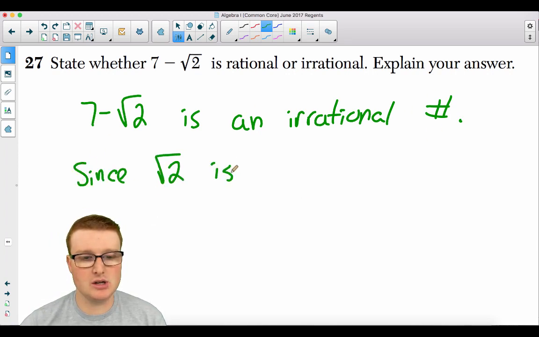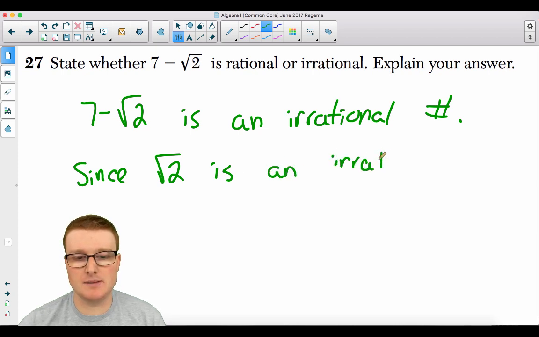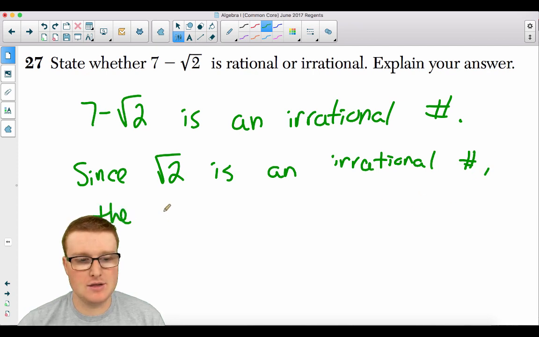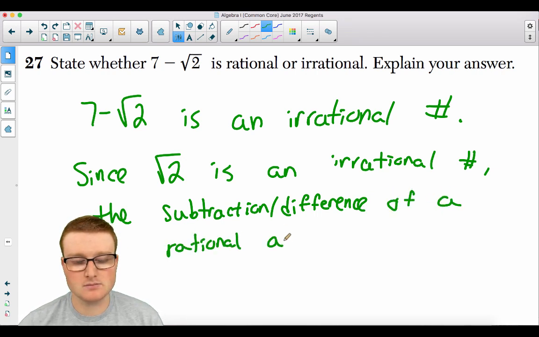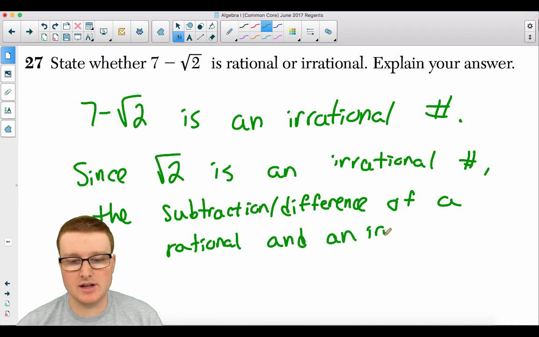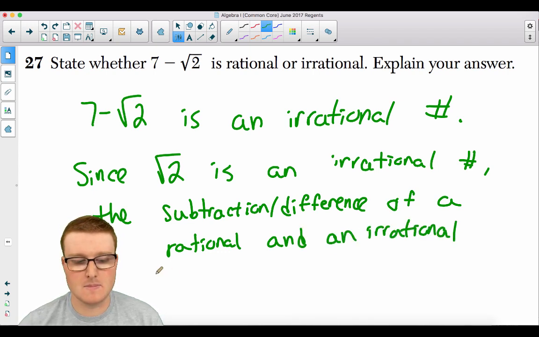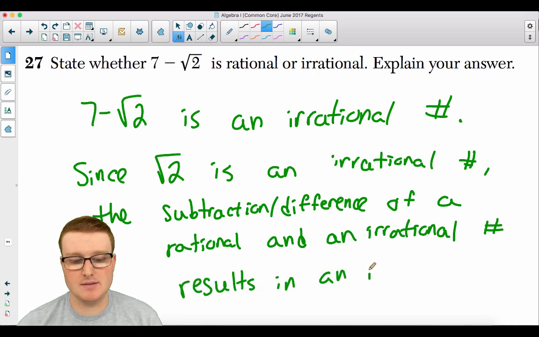Since the square root of 2 is an irrational number, the subtraction or difference, meaning the same thing, of a rational and an irrational number results in an irrational number.